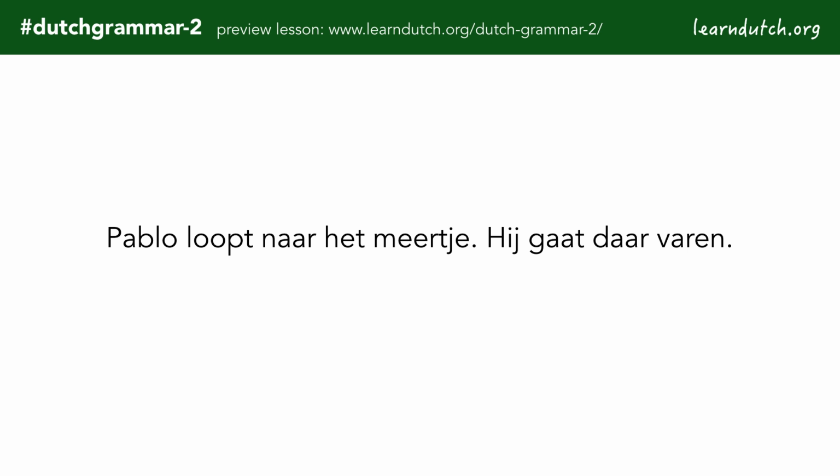Daar is unstressed. The most important information in the sentence is not the location, but what he's going to do there. Er can replace the unstressed daar. Pablo loopt naar het meertje. Hij gaat er varen.